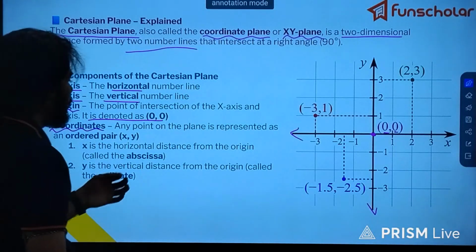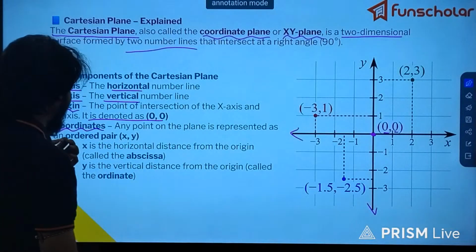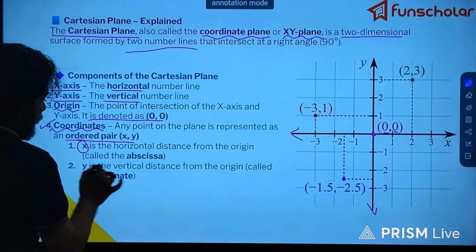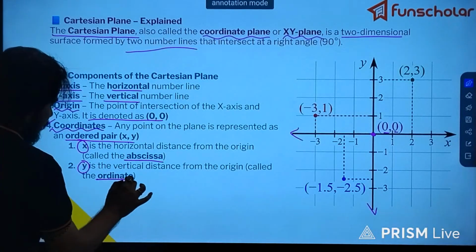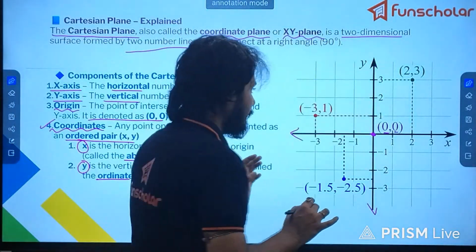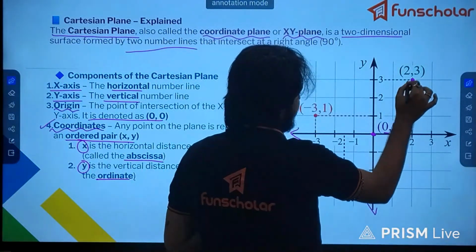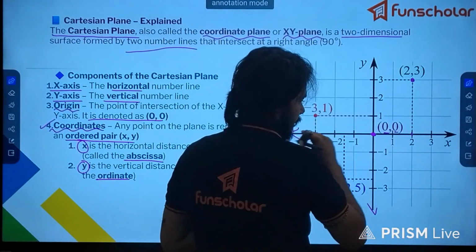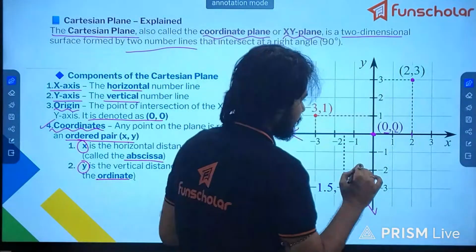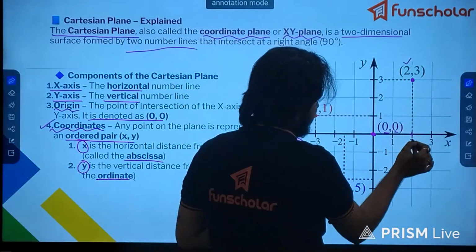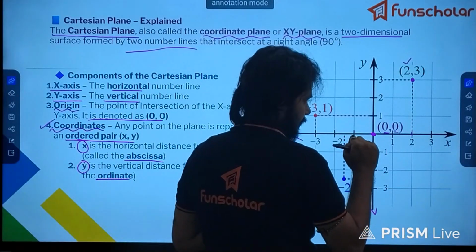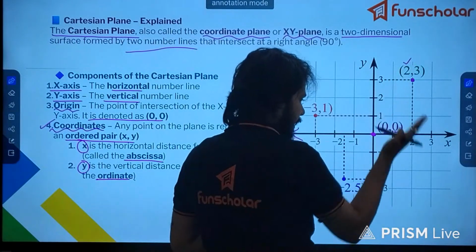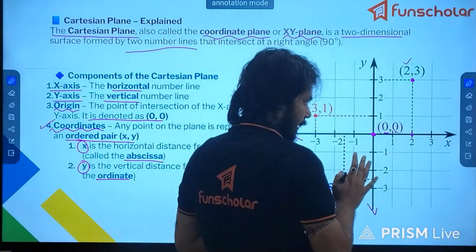Coordinates. Any point on the plane is represented as an ordered pair (x, y). X is the abscissa and y is the ordinate. Suppose this point is 2 units away from the origin along the horizontal line, and 3 units away from the x-axis, 2 units away from the vertical line and 3 units away from the horizontal line, right?